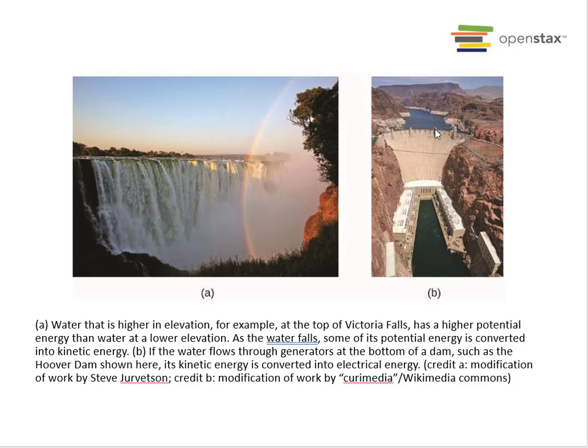Then we have the Hoover Dam, where water flows through generators at the bottom of the dam, and that kinetic energy is converted into electrical energy and is able to power homes and businesses in far areas.